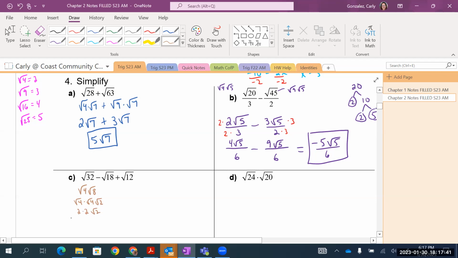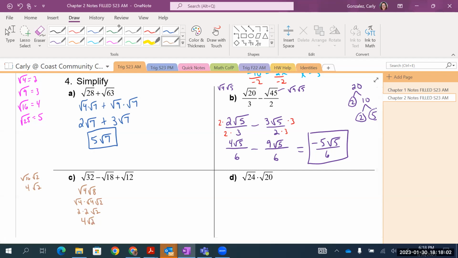And so to finish that off, we will multiply 2 times 2 is 4, rad 2. But notice if we would have done rad 16 times rad 2 in one step, we could have gotten right to 4 rad 2. Oops, I wrote rad 6 over here, 4 rad 2.